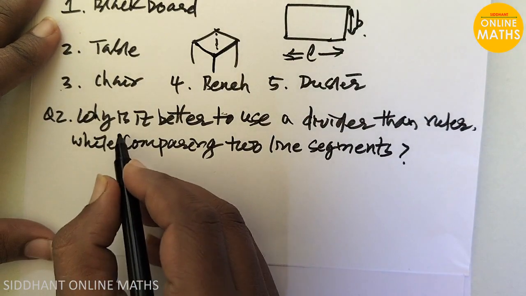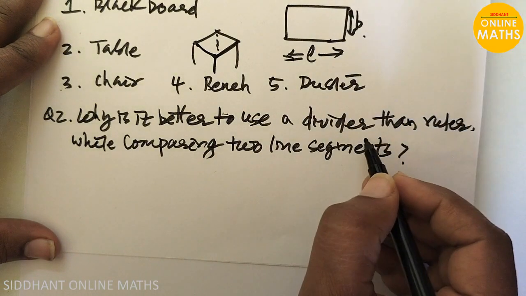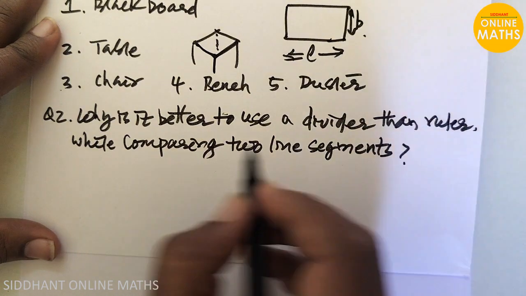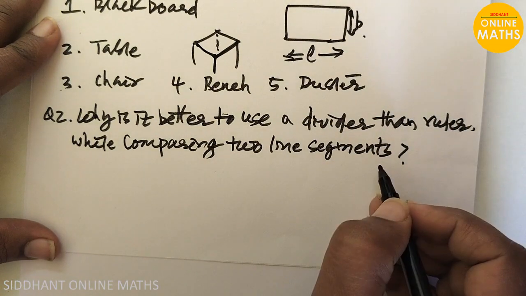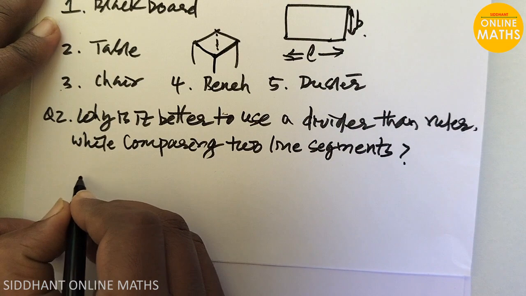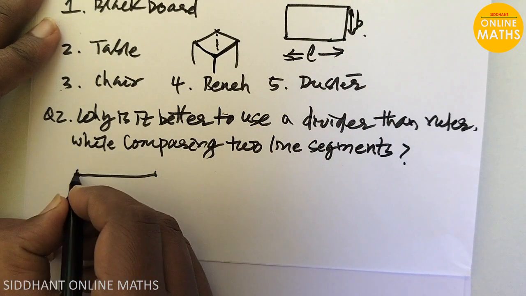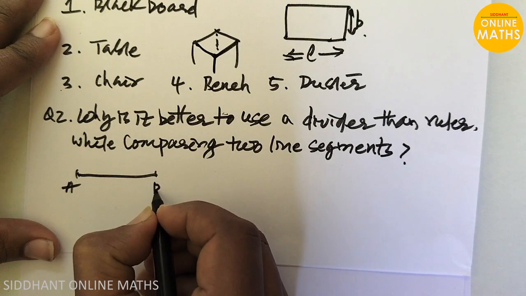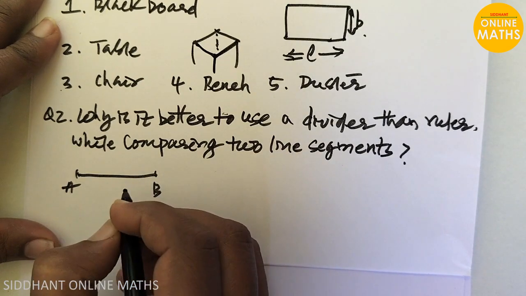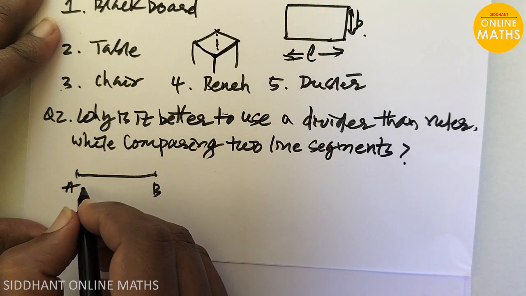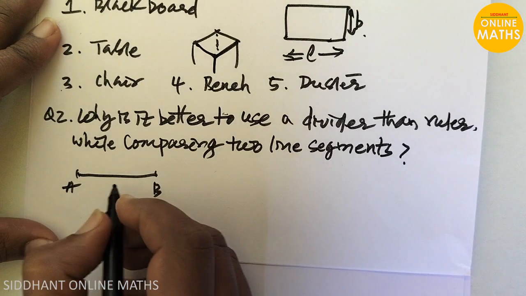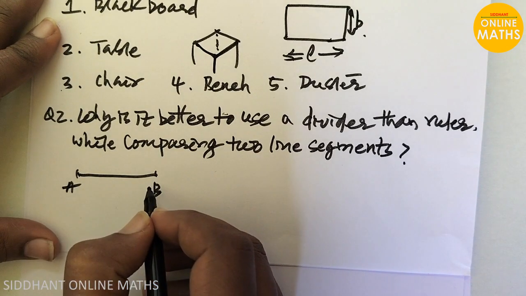Second question, why is it better to use a divider than a ruler while comparing two line segments? When you look at the distance between 2 points, suppose A and B, with the ruler we can take the length or the dimension of this line.